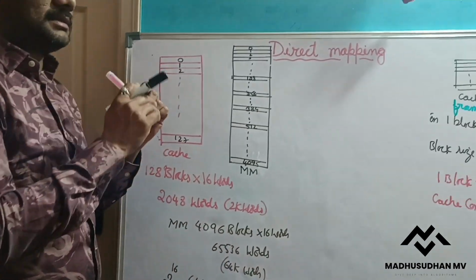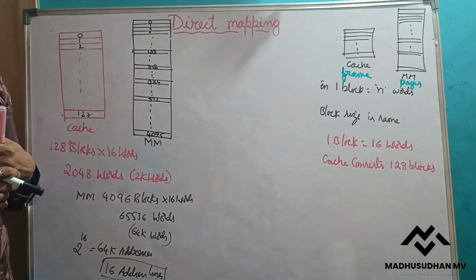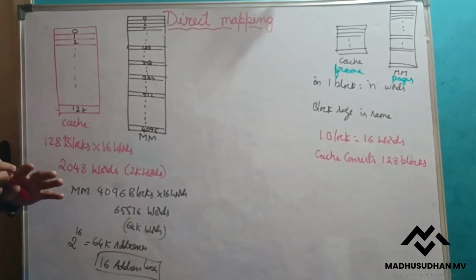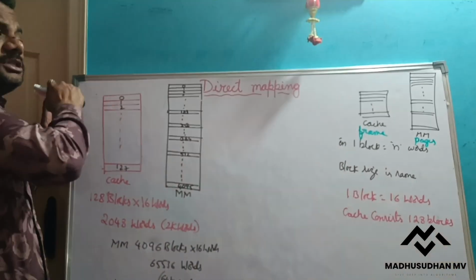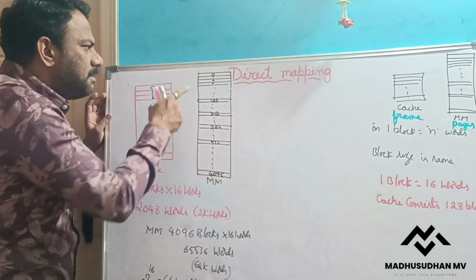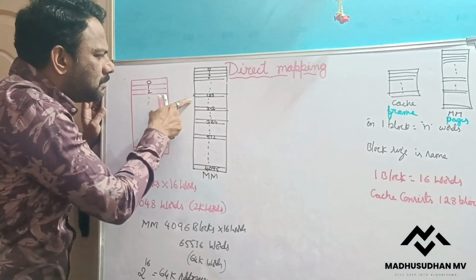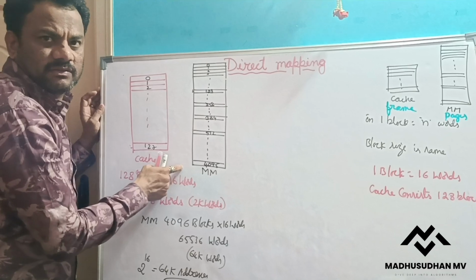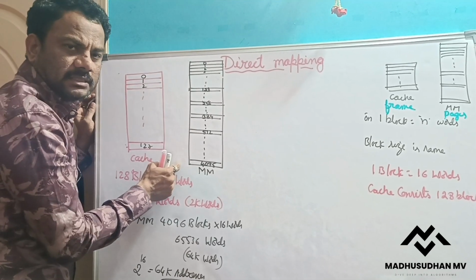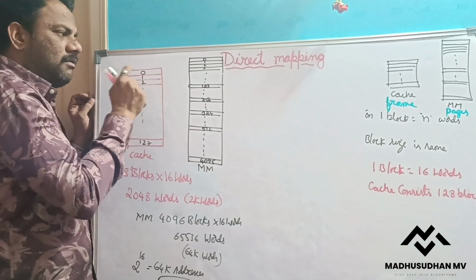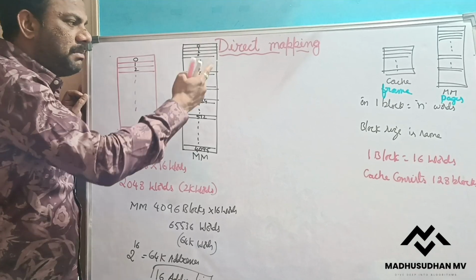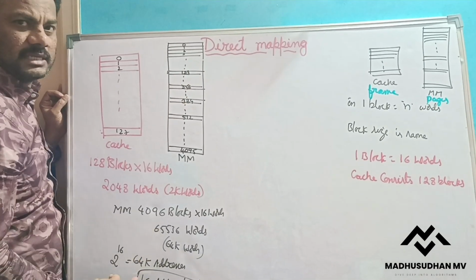Whenever our processor generates a main memory address, it will generate a 16-bit address. Each word has some 16-bit address.